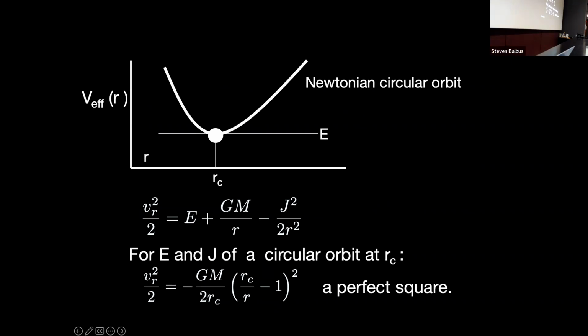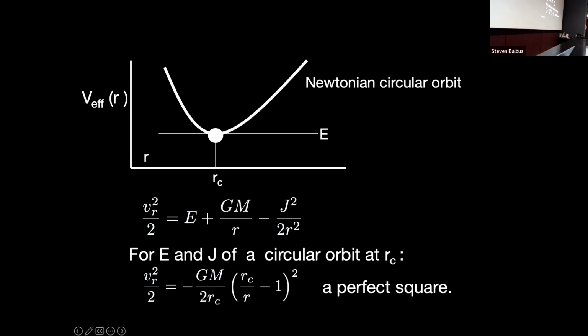So let's look at circular orbits from this point of view. This is now back to Newtonian theory. And we have a circular orbit. Here's my effective potential. And here's the energy. And if the energy is up here, I have an elliptical orbit where the orbit goes between these 2 contact points where E equals V. And then for a circular orbit, well, down here, there's a unique place where that happens.